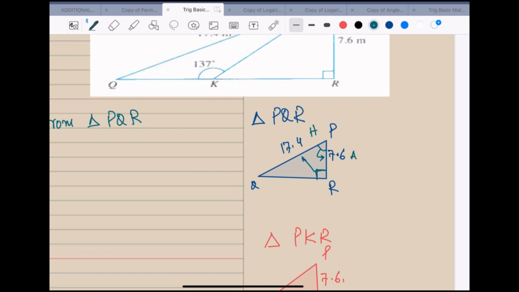So adjacent and hypotenuse are used in cosine. So cos of angle P is equal to 7.6 over 17.4. And since you have to find the angle, you have to take cos inverse of 7.6 over 17.4.